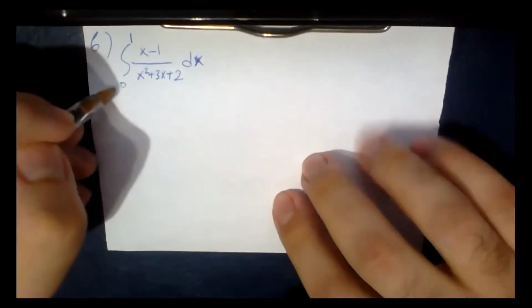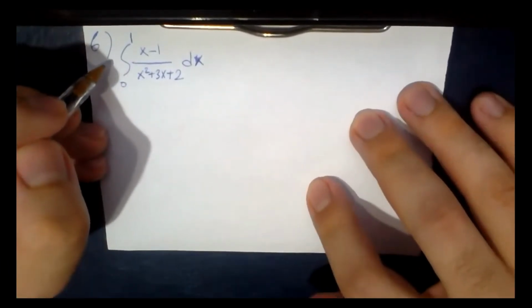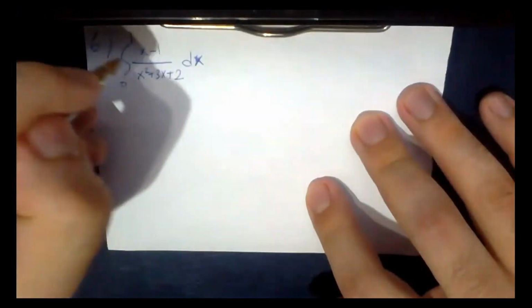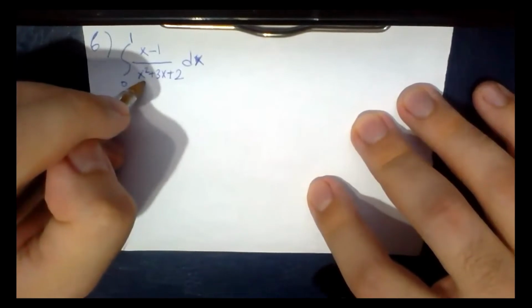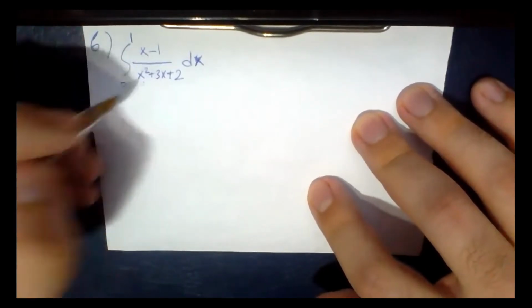Now, to take this integral, we need two things. What do we need? First, we are dealing with the integrand. What is that? As a first step, we try to factorize the denominator if it is possible.